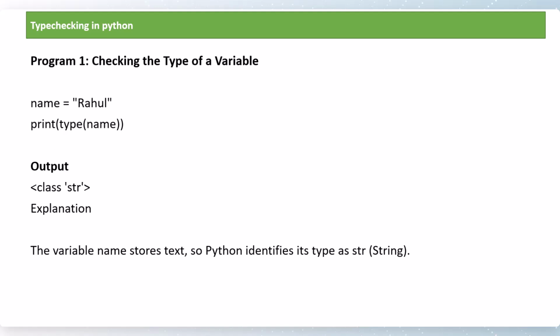Consider an example here. You can open the IDLE shell and type name equal to Rahul, and you can print type of name and see what the output is. Here the variable name stores text, so Python identifies its type as string.